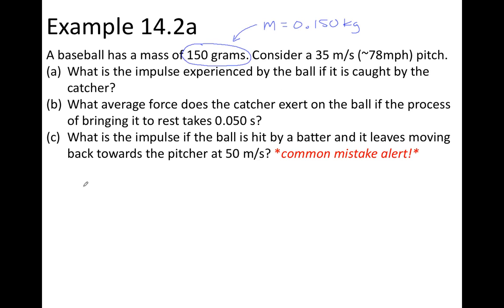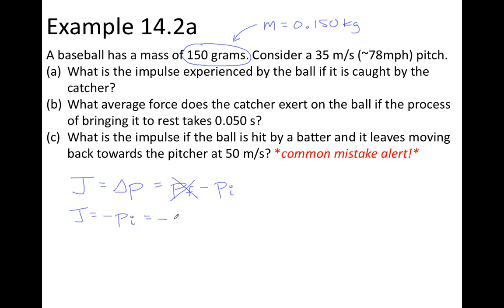So to find the impulse, it is equal to the change in momentum for the ball. The change in momentum would be its final momentum minus its initial momentum. Now, if the catcher brings the ball to rest when he catches it, that means that the final momentum is going to be 0. So the impulse is just going to be equal and opposite to the initial momentum.